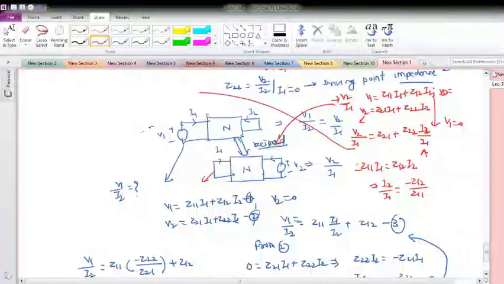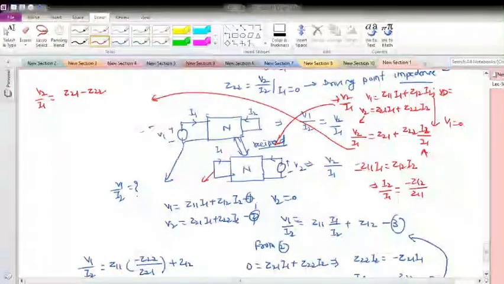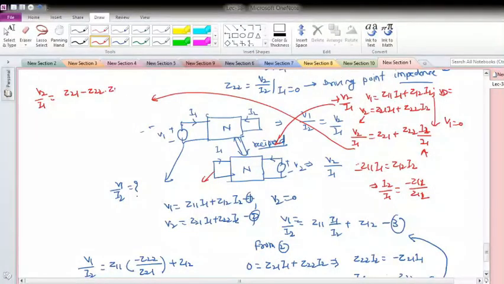So what will be V2 upon I1? V2 upon I1 will be Z21 minus Z22 into Z12 upon Z11. Sorry, I2 upon I1 will be minus Z11 over Z12, so Z22 into Z11 over Z12.